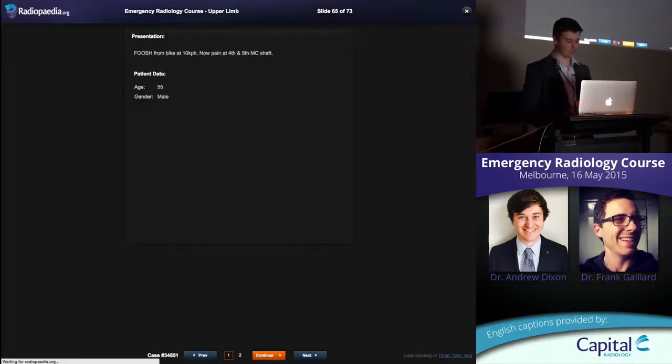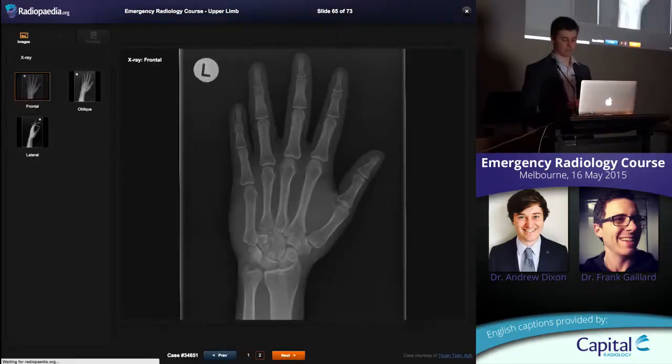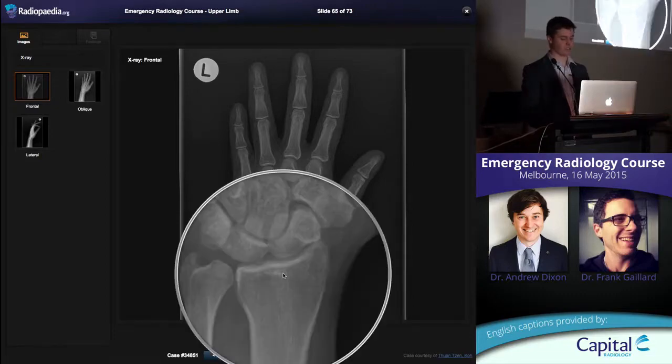All right, so this guy, this is a 55-year-old fallen from his bike. He's got pain at the 4th and 5th metacarpal shafts. Now, this is the kind of injury that is very frequently missed by the emergency department staff and can often be even missed by a radiologist because it's relatively subtle.